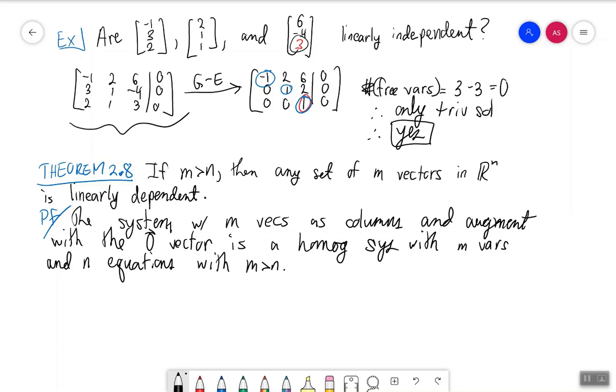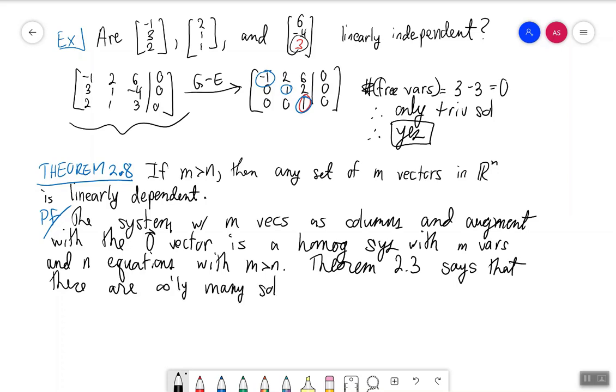Now all we need to do is use theorem 2.3 to say that we must have infinitely many solutions. And therefore, there are infinitely many coefficients that we can use to make something times the first vector plus something times the second vector plus something times the third vector plus dot dot dot equal to 0. So there are infinitely many possible somethings there, and therefore we get dependent.